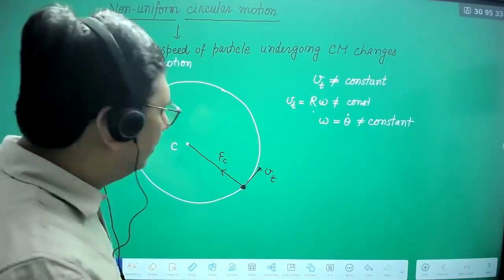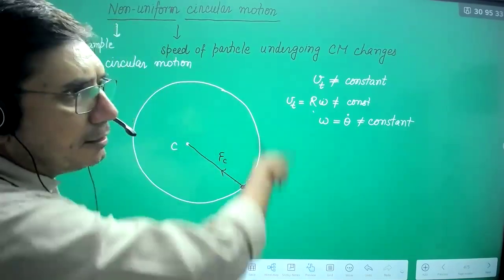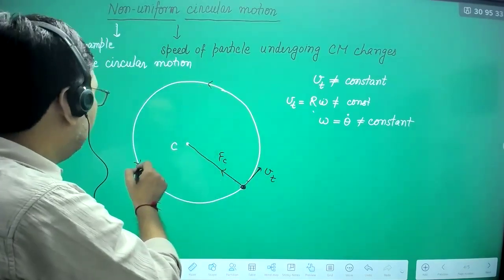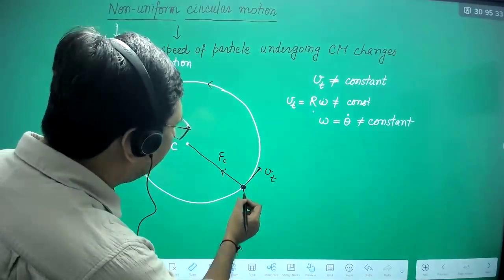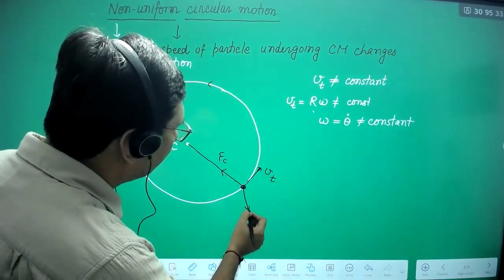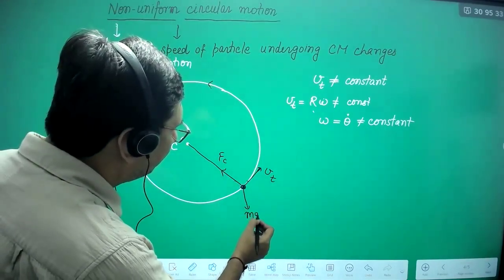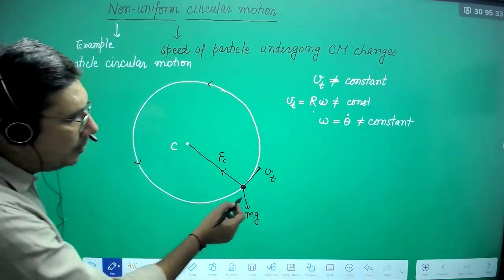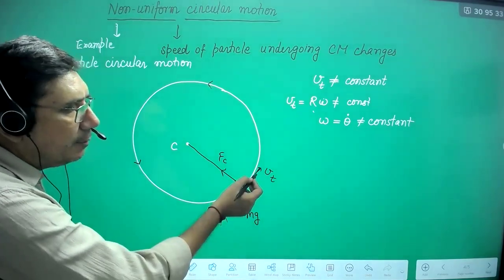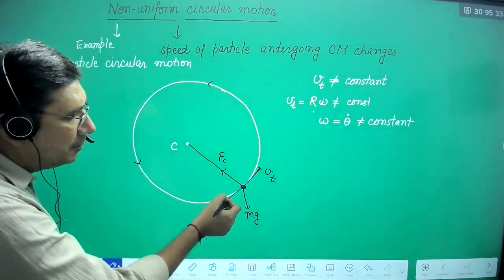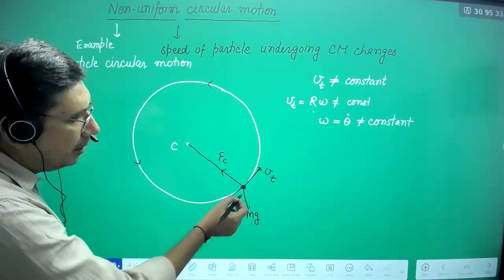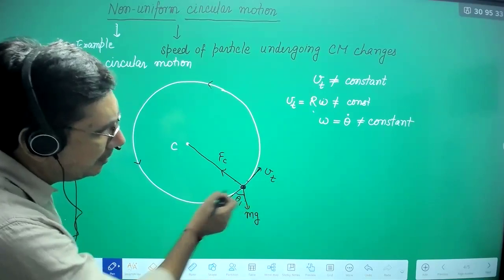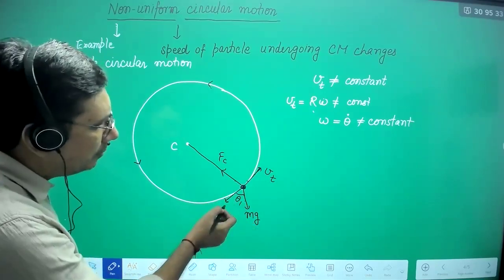And this is in the vertical plane, the circular motion is taking place in the vertical plane. So its weight is going to act in the downward direction. This will be mg. Now look here, a component of this mg will be in the opposite direction of this Vt. Here I assume this is θ1, suppose. So a component of this will be here.